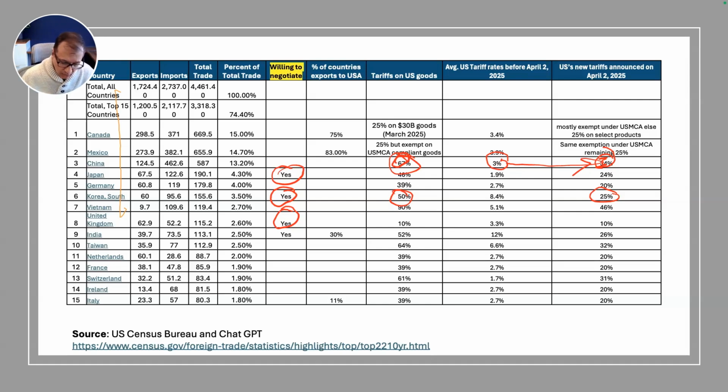So going back, I already mentioned that Japan, South Korea, India, United Kingdom, these countries are all saying we'll play ball. Other countries are also going to come in, but there are some countries that are going to say no, we're going to have some strong retaliatory tariffs on you. So which are some of these countries? Well, China is one of the ones saying that we're going to have retaliation. And because China equates to 13.2% as of 2022 of how many imports the US has, there is a bit of clout.